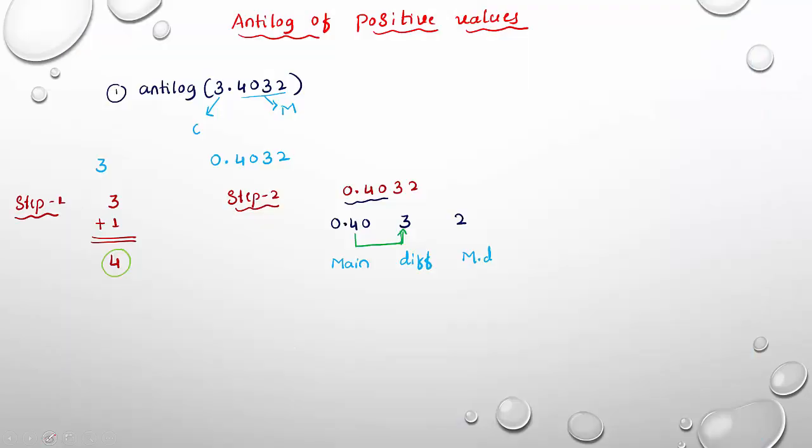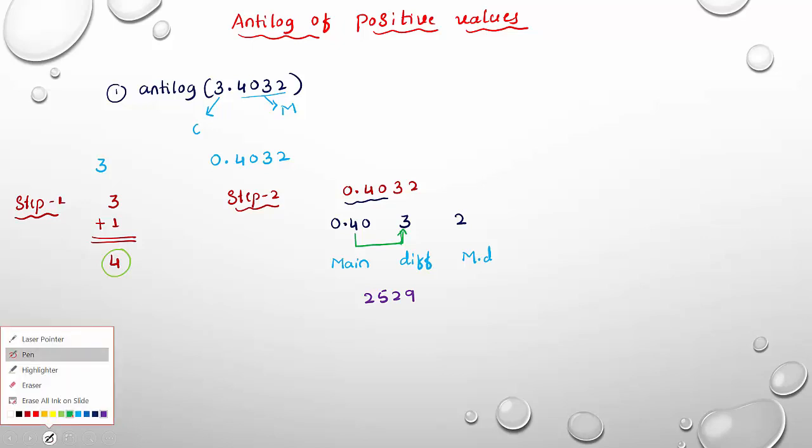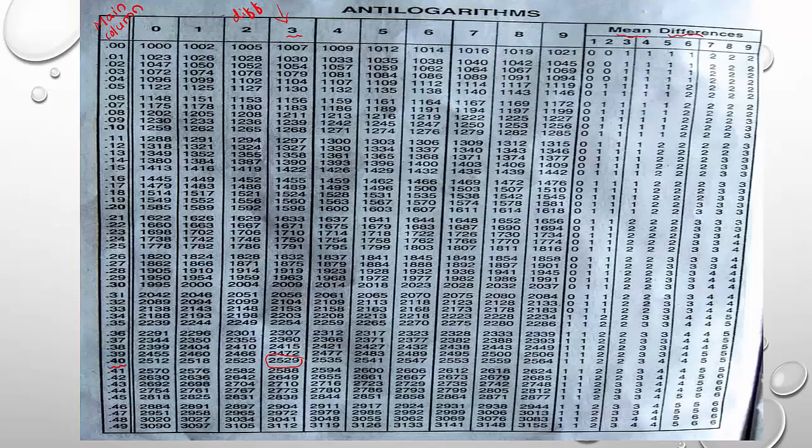So what is the value? We got the value as 2529. Then come to the second part. Go for mean difference. Here 0.40 we have to see in the mean difference at 2. 0.40 at 2, what will it be? We can see in the log table. 0.40 is here.